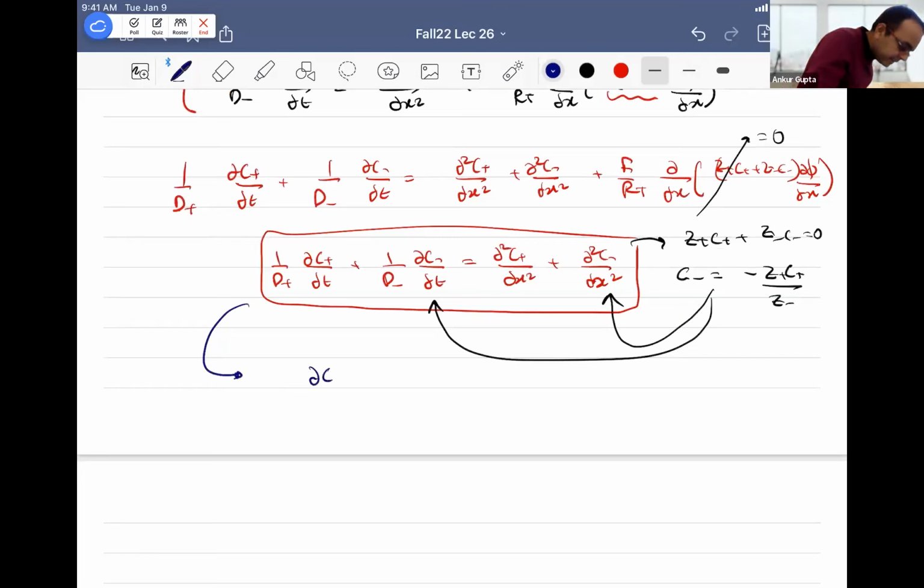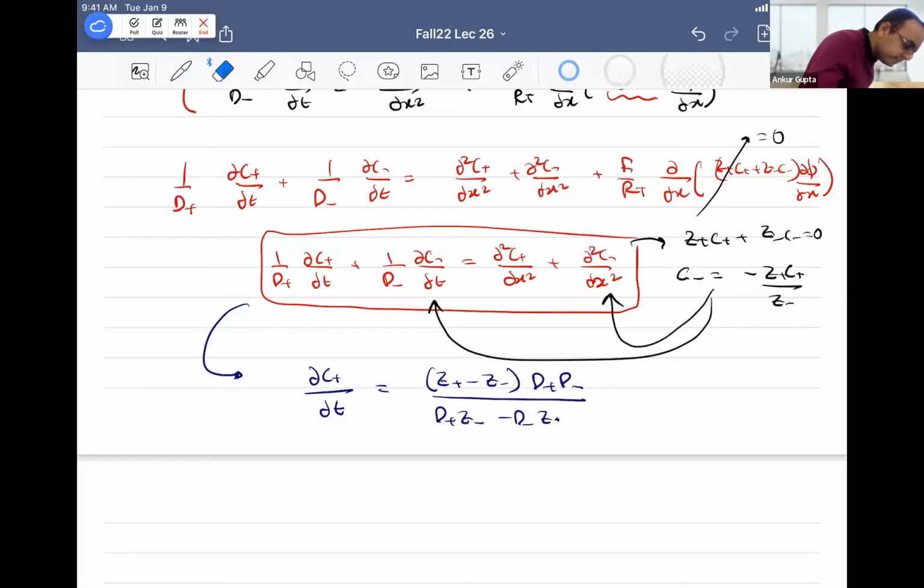You get ∂C+/∂t equal to ((Z+ − Z−) D+D−)/(D+Z+ − D−Z−) ∂²C+/∂x².